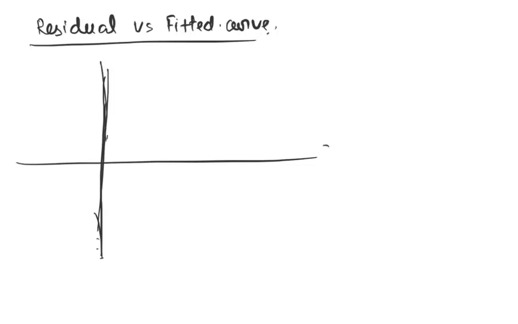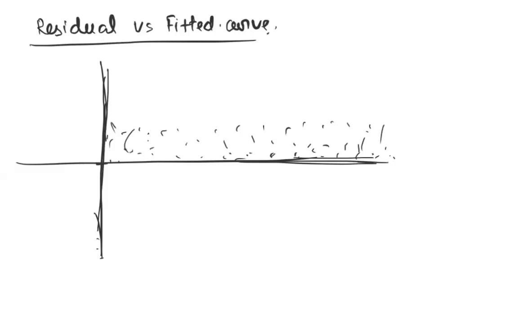So let's say there are 200 observations. Along this x-axis, you have got the fitted values and the residuals for all the values that you have gotten. Let's say these are the fitted values.